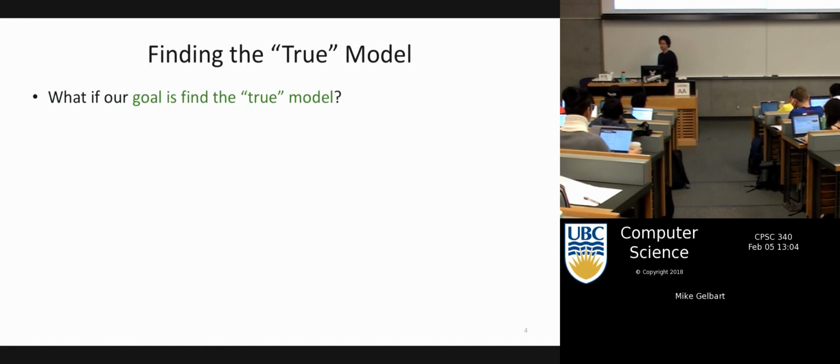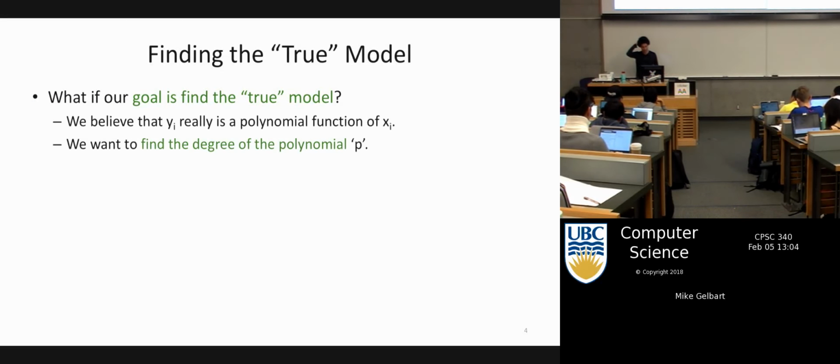So we want to find the true model of the data, and we haven't defined it so precisely yet. But for example, let's say we believe that y really is generated by some polynomial function of our features x.